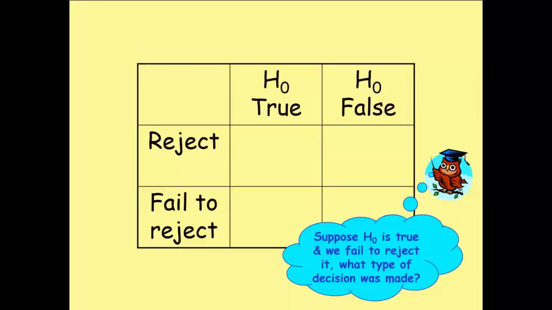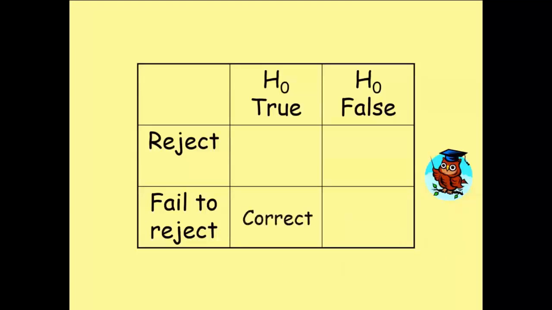What type of decision is that? So you kind of have to think about what that's trying to say. So go out and start an argument, and I try to gather evidence, and I don't reject the null because I have good evidence. That in fact is a good decision. So the null is true and we fail to reject it. That's good. That's what we should do.